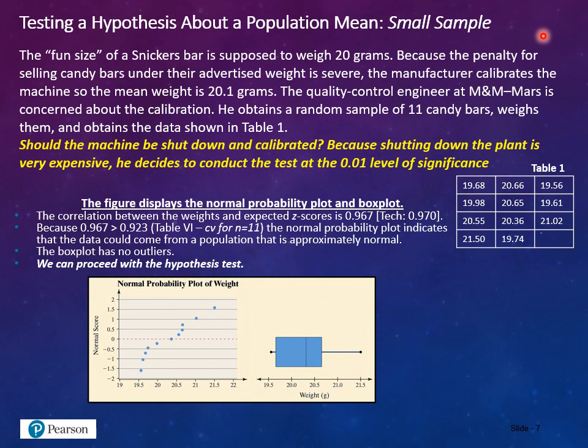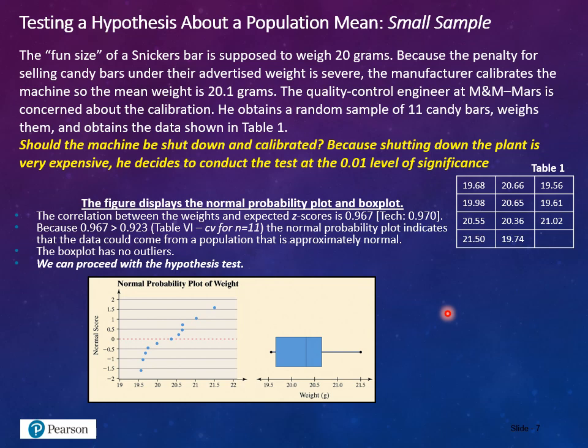And so what we've done here is, sorry, I went blank there. We have a plot of all the responses. In addition, we also have a box plot. Okay, the correlation between the weights and the expected z-scores is 0.967.